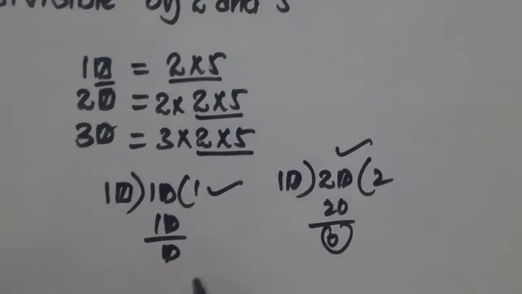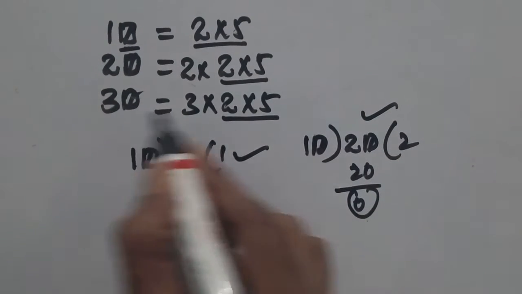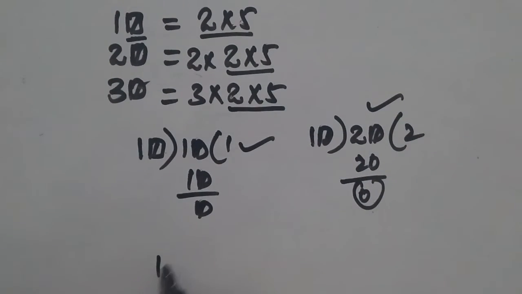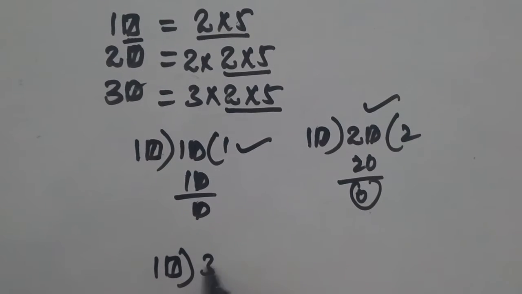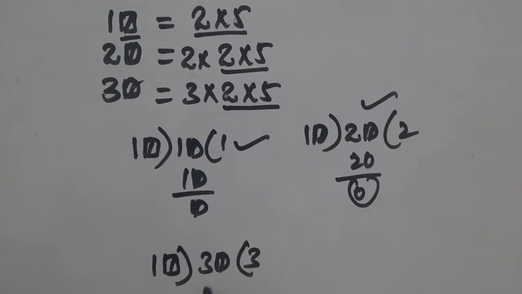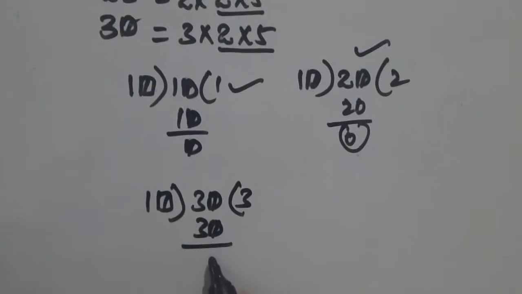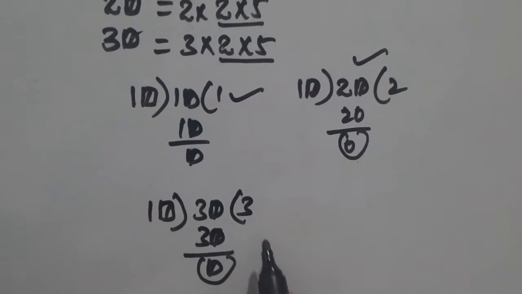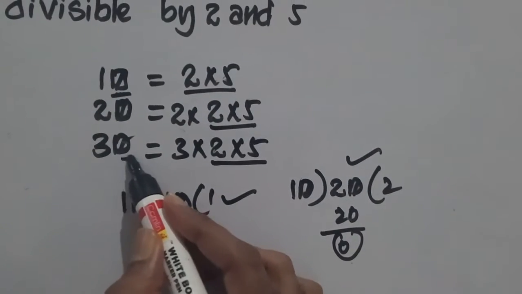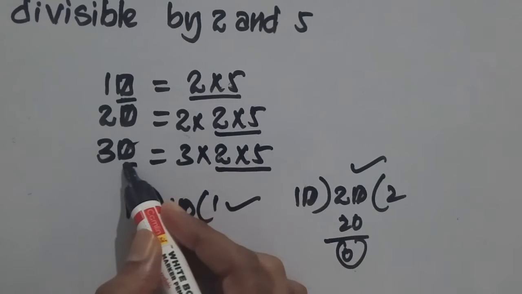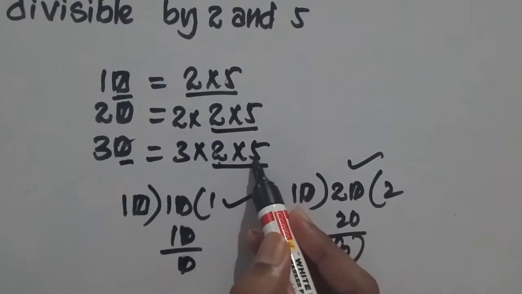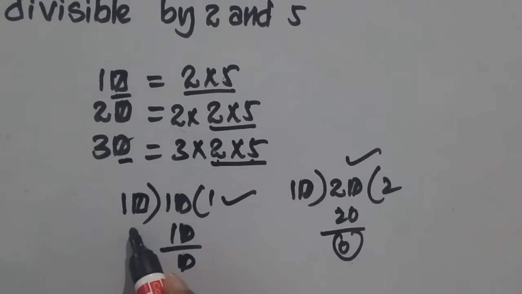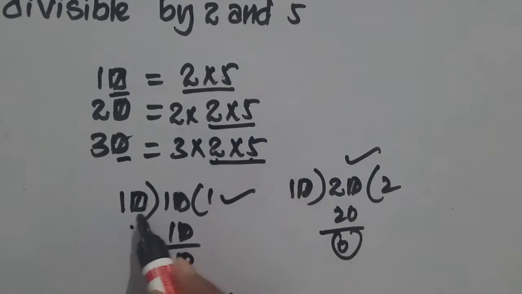And one more, is 30 divisible by 2 and 5 or not? 2 and 5 means 10, 10 threes are 30, the remainder is 0. So if the last digit is 0, the number ends with 0, and the factors should be 2 and 5, or else it should be divisible by 2 and 5, means 10.